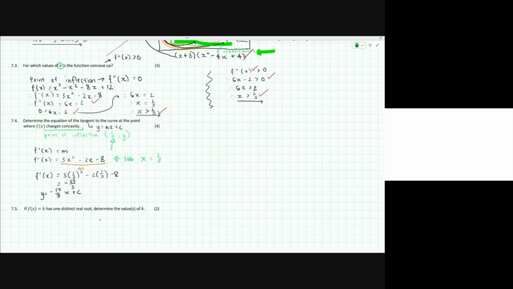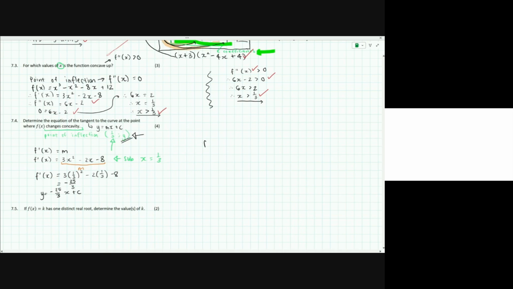Now all I need to do is find my y-intercept. Now remember, in order to do this, you need to substitute in a point that your tangent goes through. And we can only do that using our original function. So this is now what Lorato did earlier, we're going to have to do. I know that my graph passes through this point of inflection, so I need to go and find that y coordinate.